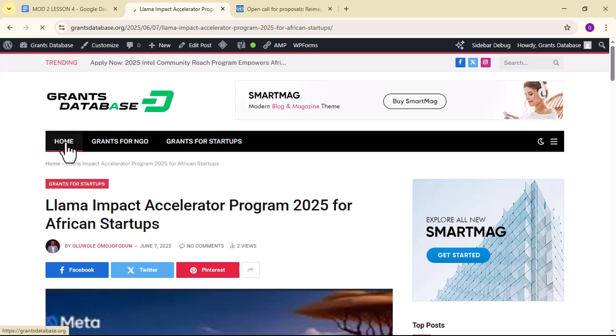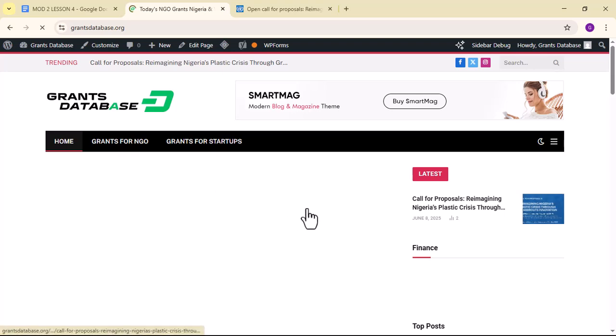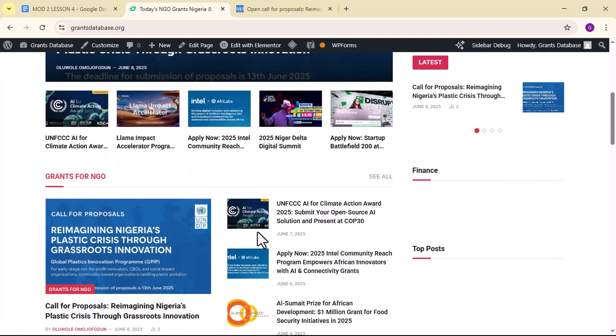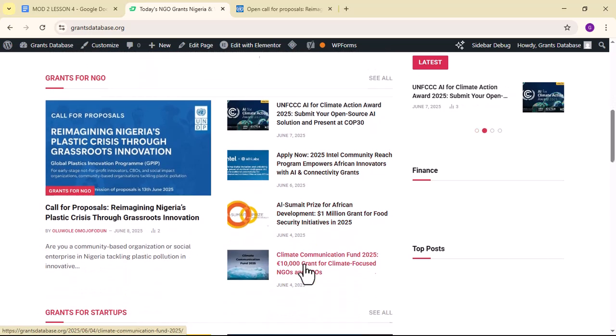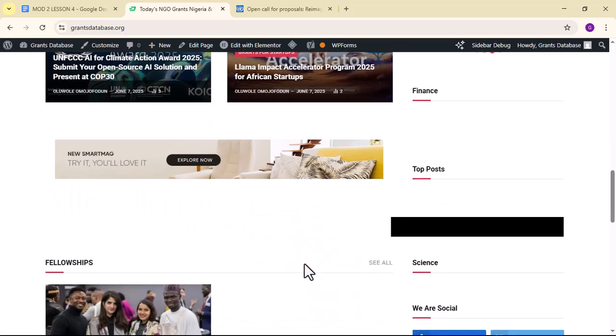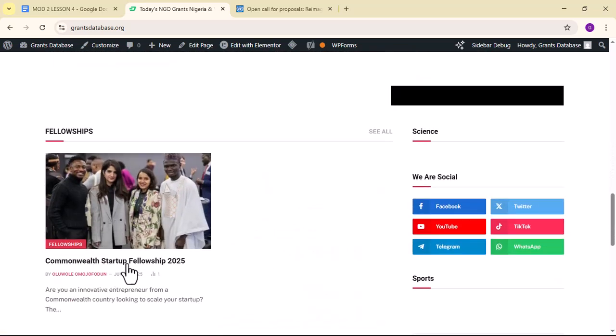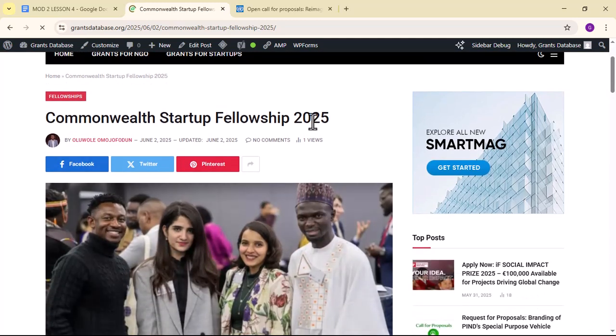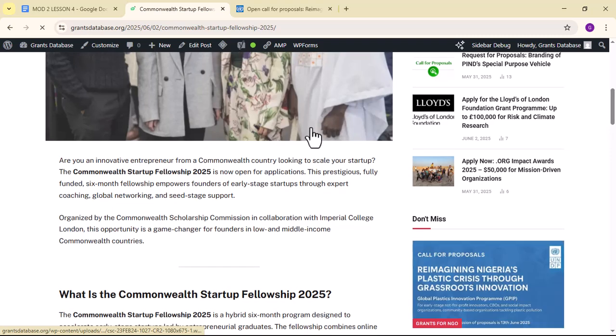Let's go to home. I want to bring up a local one. We have a lot of them here. Now I want to show you this because this is a fellowship. This is what an individual person can apply for: Commonwealth Startup Fellowship 2025.